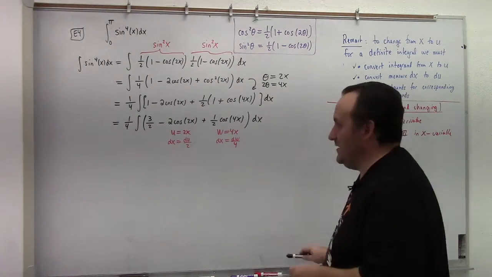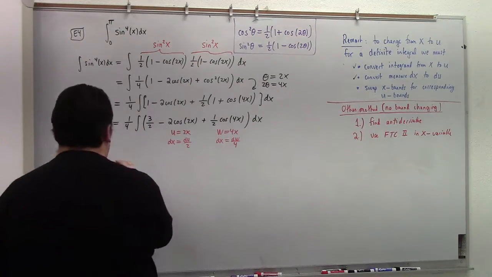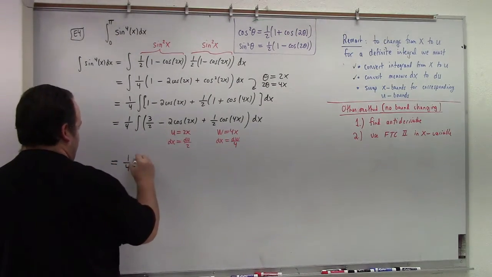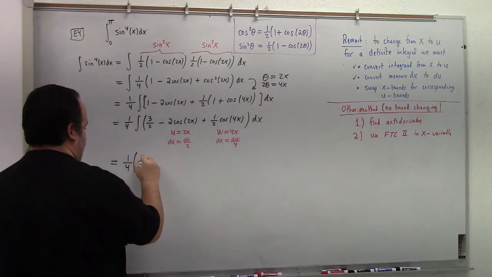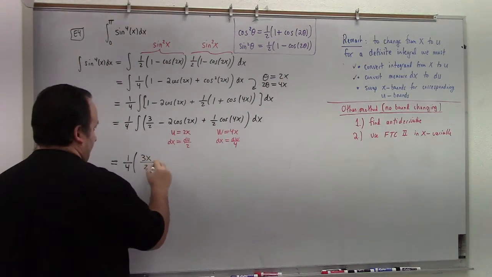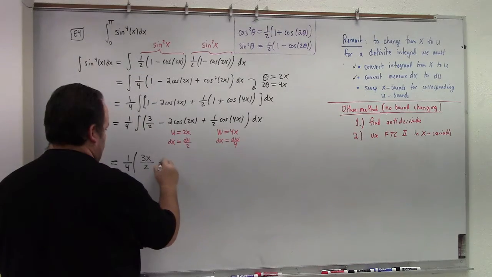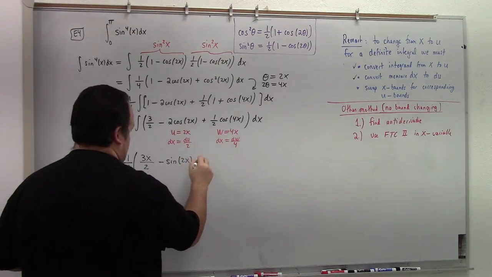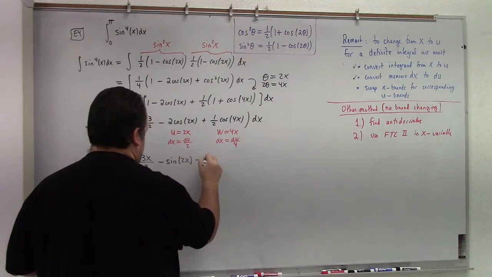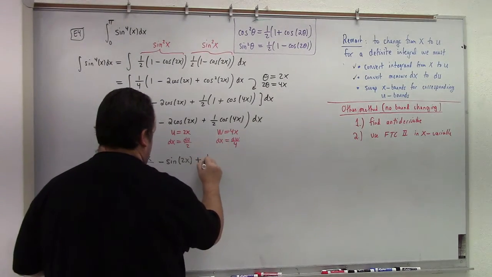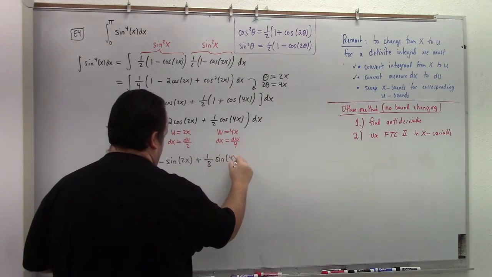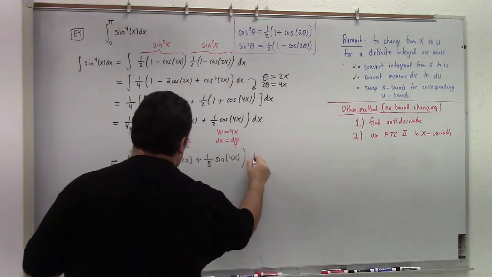And anyway, here it is. 1/4 integral, 3/2 is 3x over 2, minus the sine of 2x, plus 1/8 the sine of 4x, plus a constant.